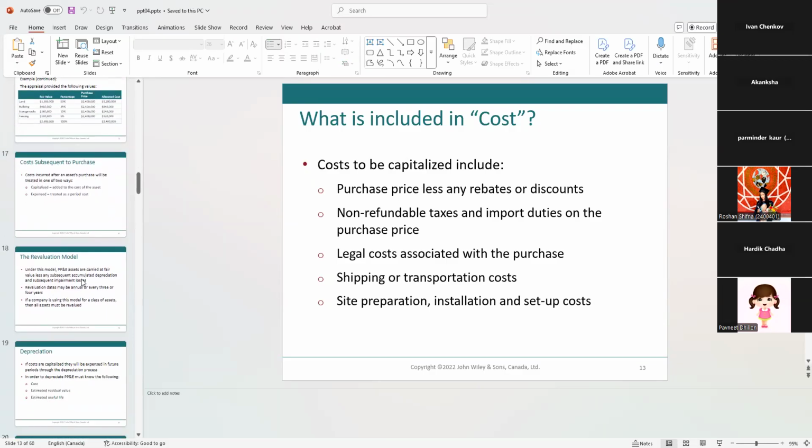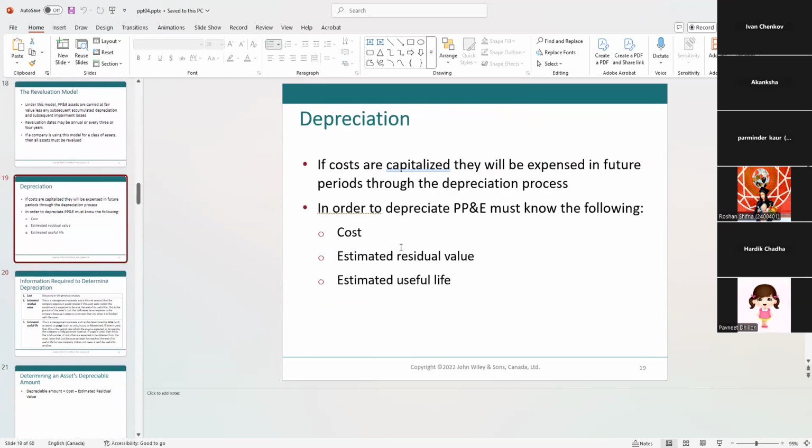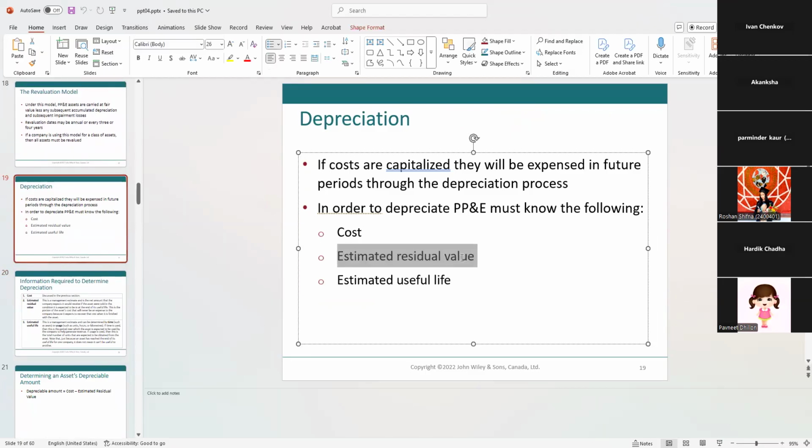Then once you get the original cost, you have to find out what's the residual value. Means at the end of the useful life of the asset, can I sell the asset? And if I can sell the asset, how much can I get? And that will be estimated.